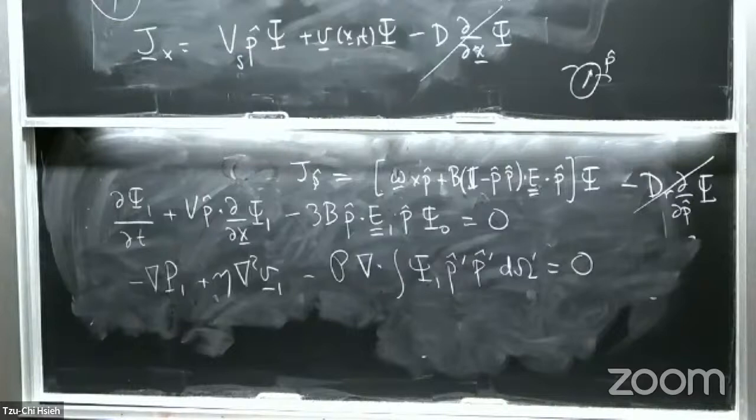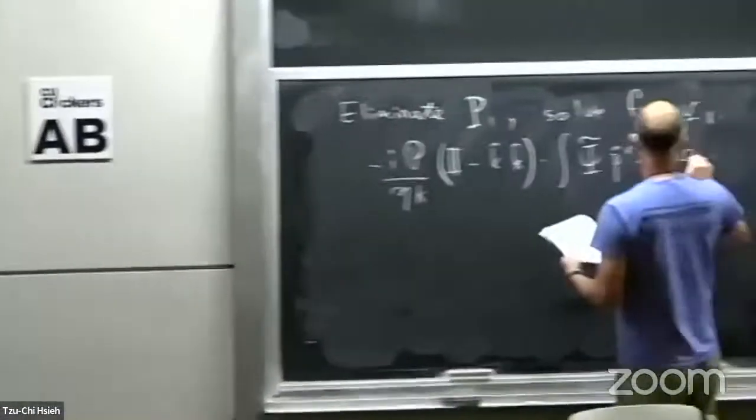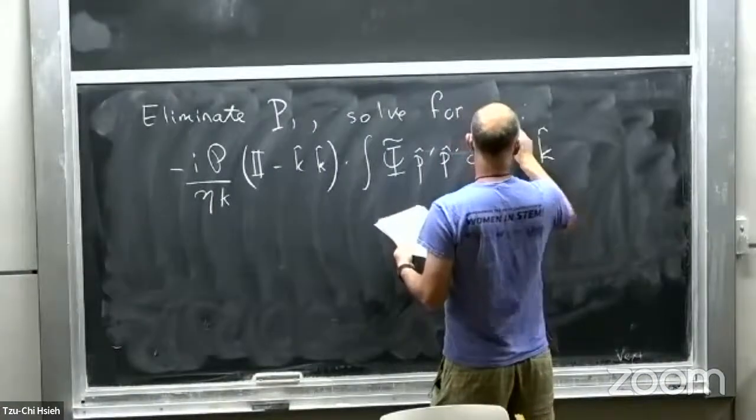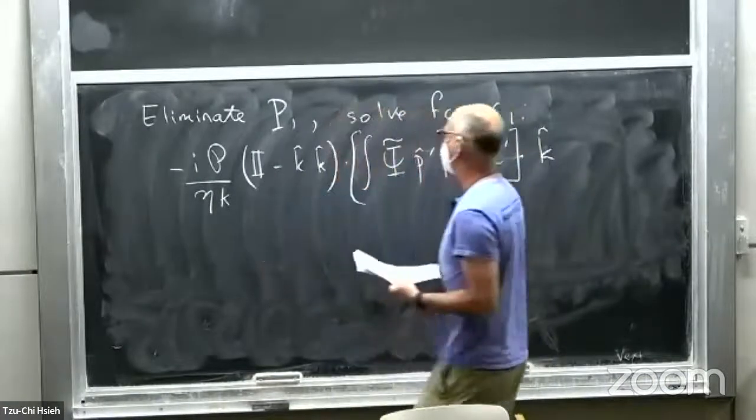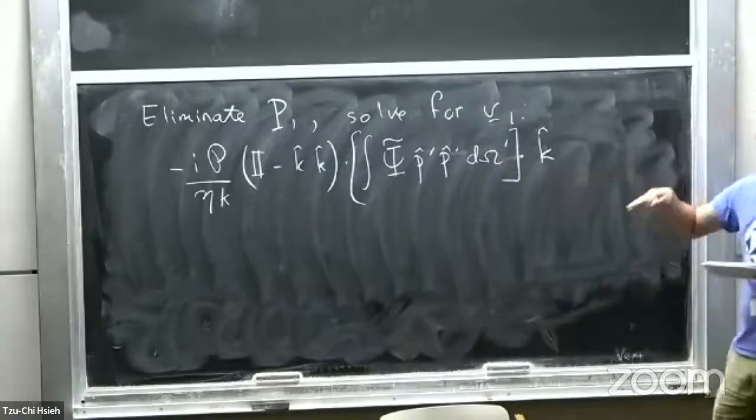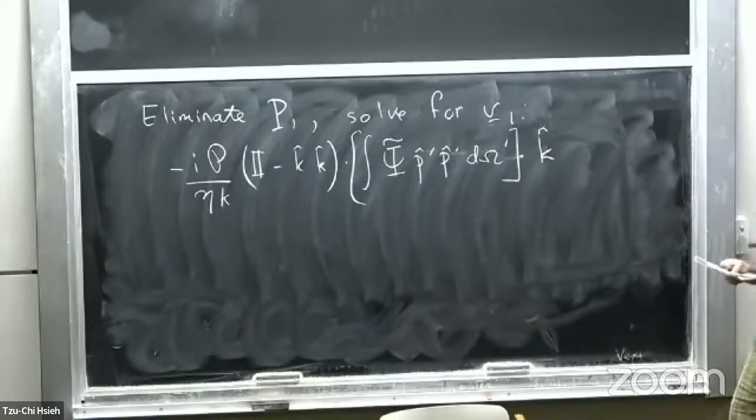It's basically just what I said. Here's that familiar bit coming from the Stokeslet. And then there's the driving force, or the Fourier transform of the driving force. You have to be a little bit careful about what gets dotted with what. I'll let you work that out.